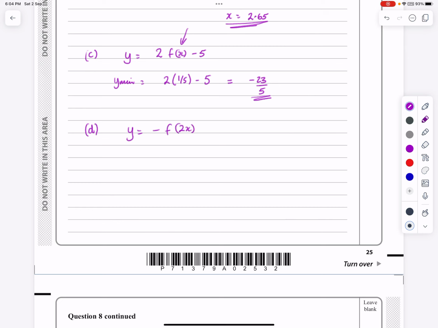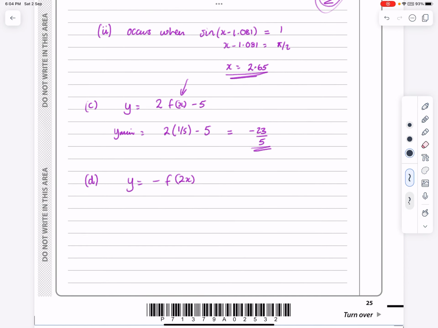So I'm still interested in the minimum point for the last one, if it looked like that, which will flip over to be the maximum point when I do minus f of it. And then the fact that it's 2x means, whereas I had my x value, and it's the x value, not the y value this time, so they're really sort of jumping about here, we're going to get that 2x is equal to 2.65.